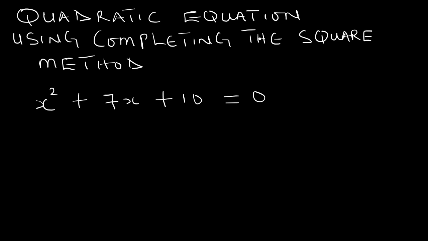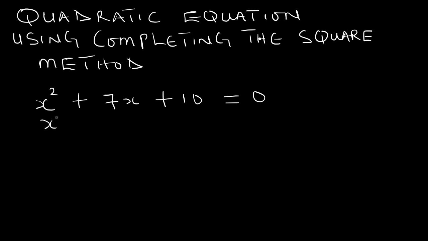The first step we are going to apply is to move the constant term to the right hand side. The constant term here is 10, positive 10. So we are going to move it to the right hand side, and to achieve this, we are going to subtract 10 from both sides.